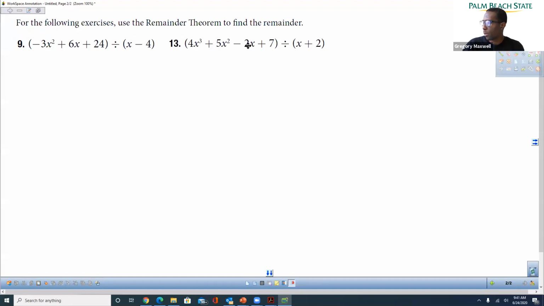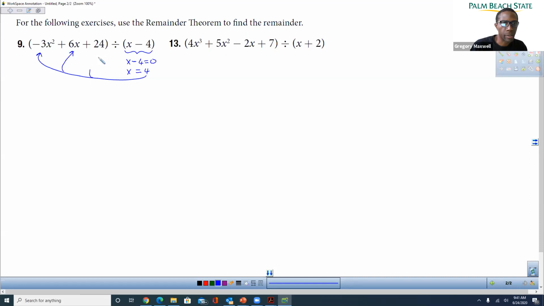All right, so for number 9, it's pretty simple. All you have to do is take the divisor, set it equal to 0, and solve for x. Then that x goes into the x's of the polynomial. So we end up with -3 times 4 squared plus 6 times 4 plus 24.